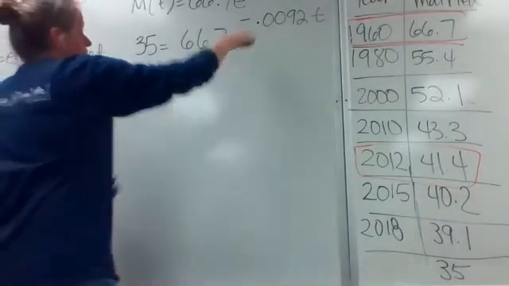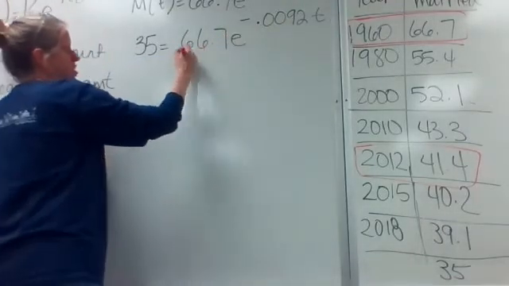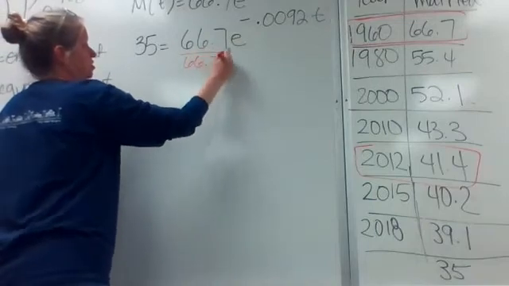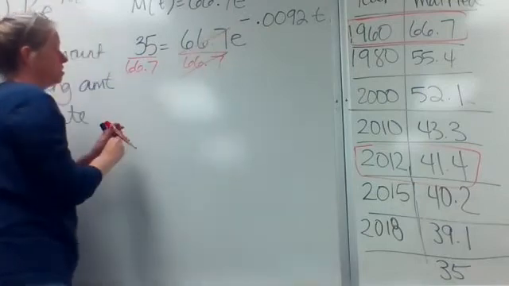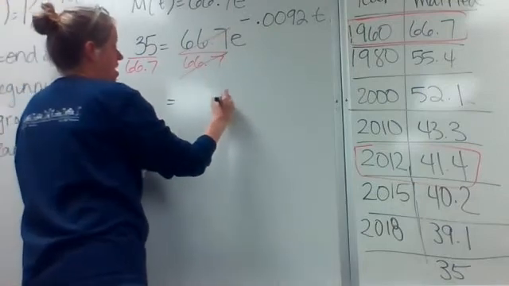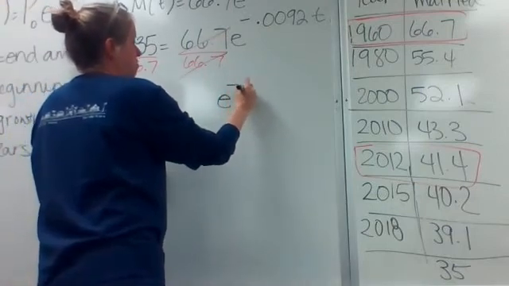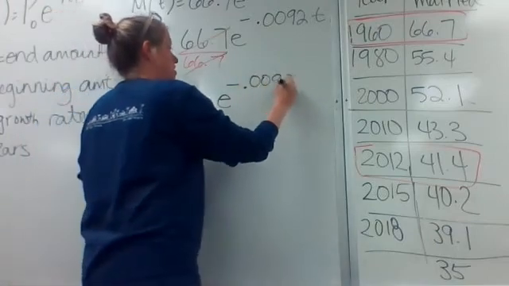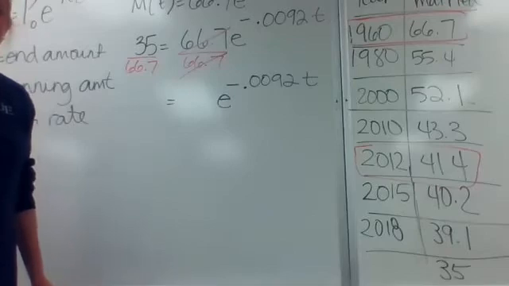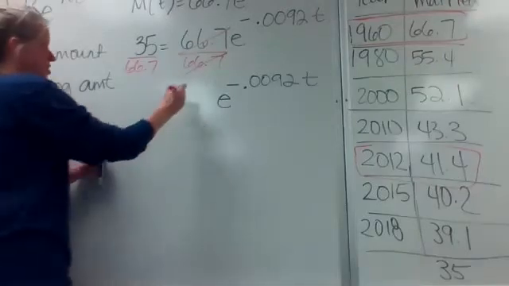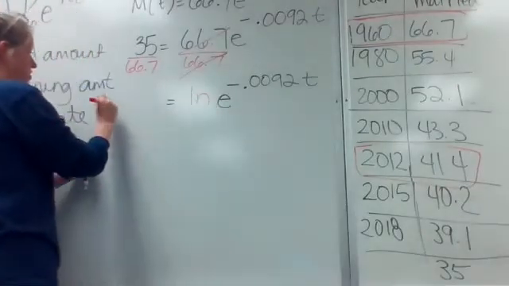So if I'm solving for what's in the exponent, let's get rid of the 66.7 first. So now I have E to the negative 0.0092 T. Now I'll ln both sides.